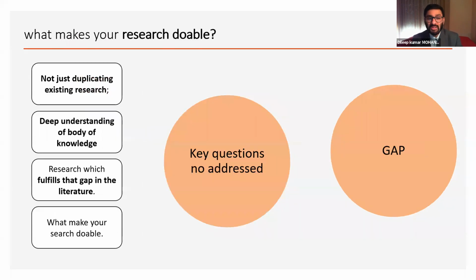So what makes your research doable is the key question you need to address. When you read the literature, if you get so many answers, it means you don't have to do any research.